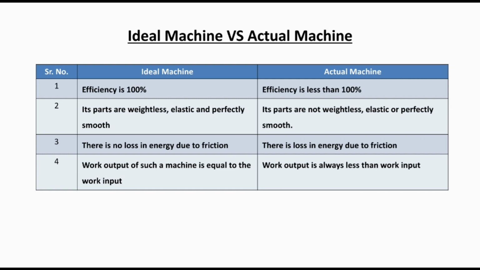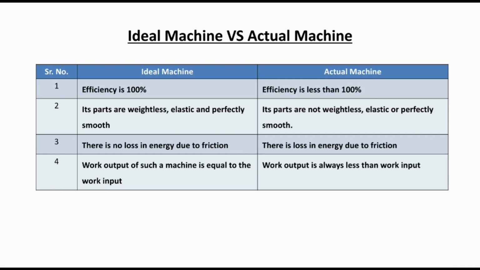But for an actual machine, its parts are never weightless, elastic, nor perfectly smooth. Third, there is no loss in energy due to friction in an ideal machine, but in an actual machine there is always loss in energy due to some friction. And last point, in an ideal machine work output is equal to the work input, but in an actual machine work output is always less than work input.